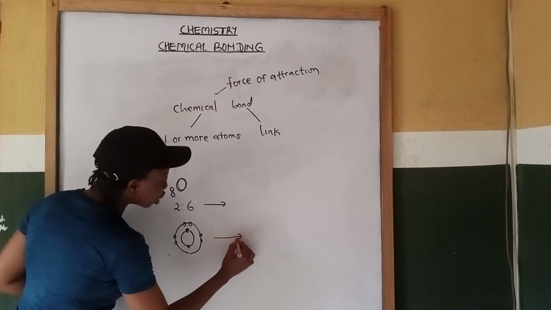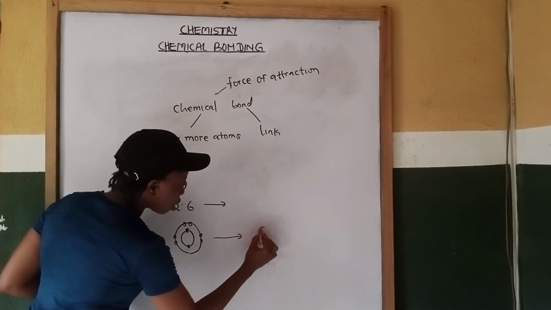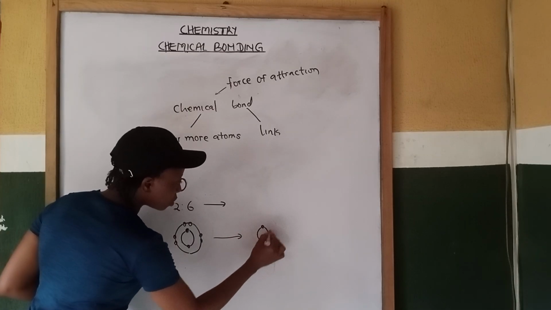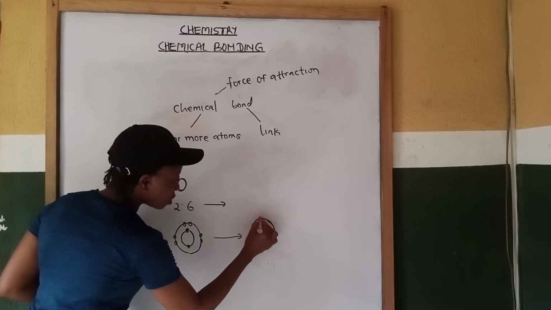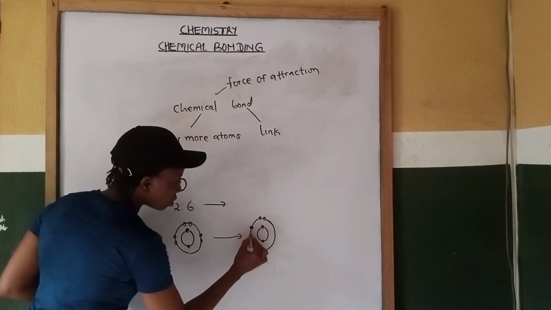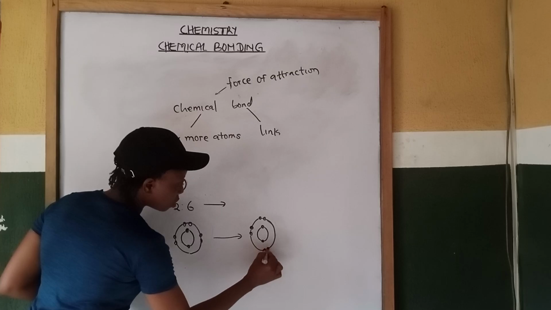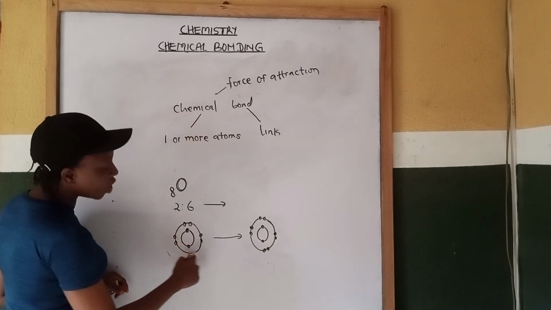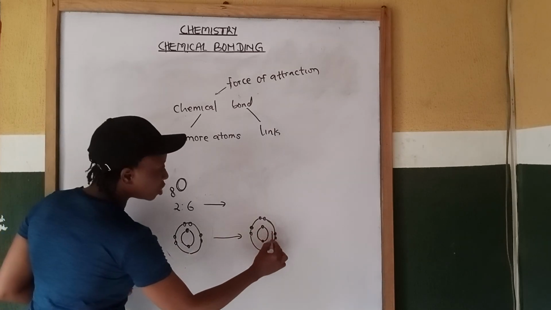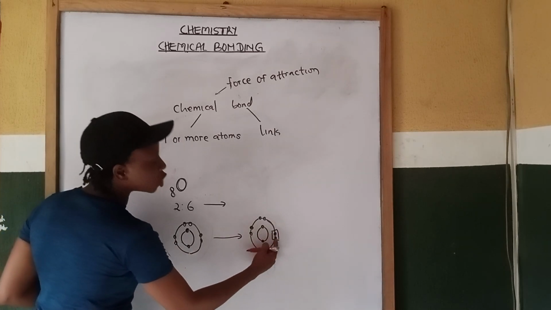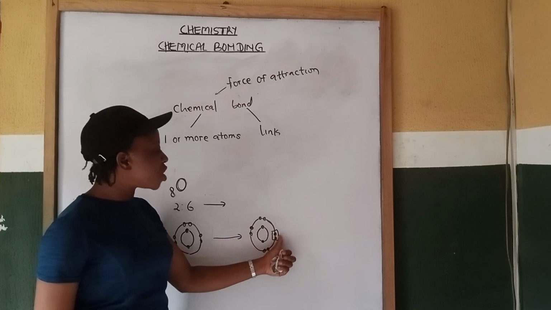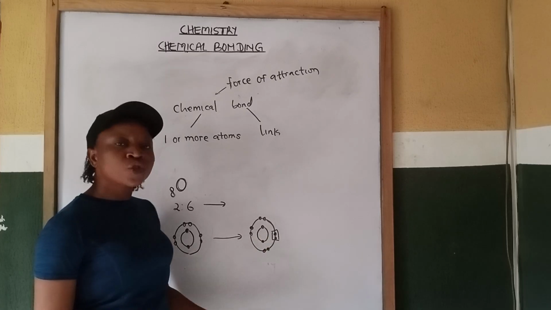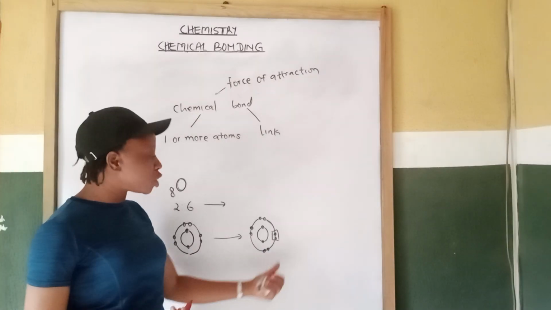So the structure will become 2, 8. That is, 2 more electrons will come here. So these are the 2 electrons. This shows that these 2 electrons are not part of this shell originally. So it accepted 2 electrons towards itself.